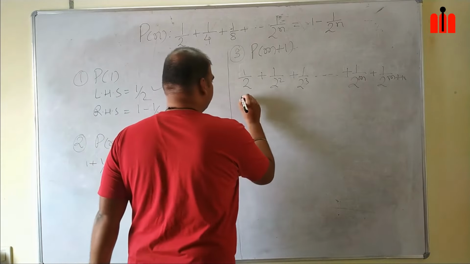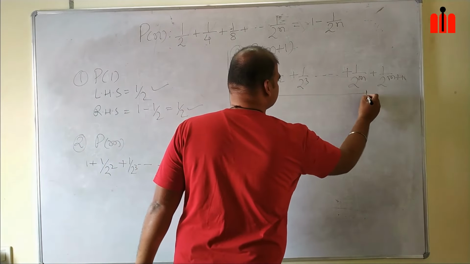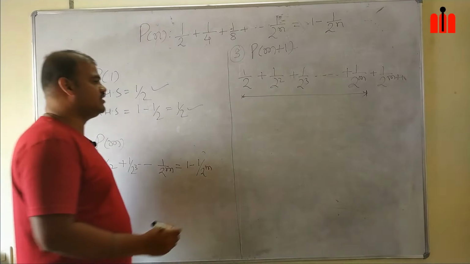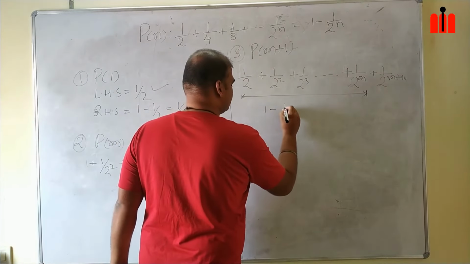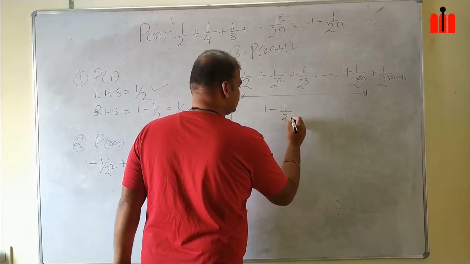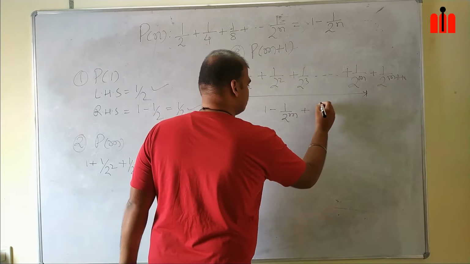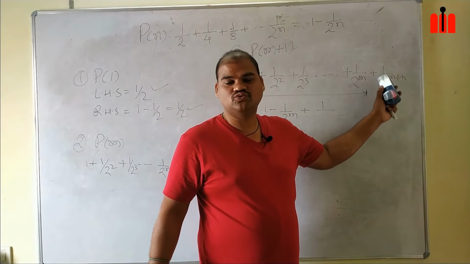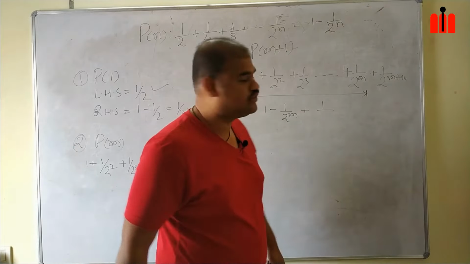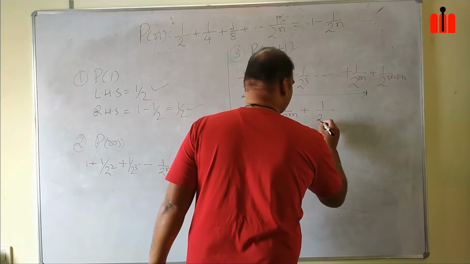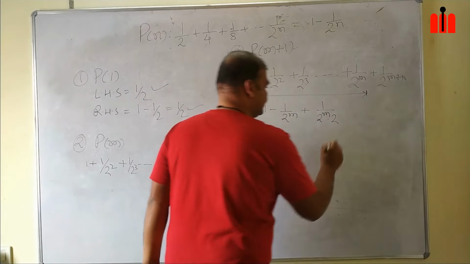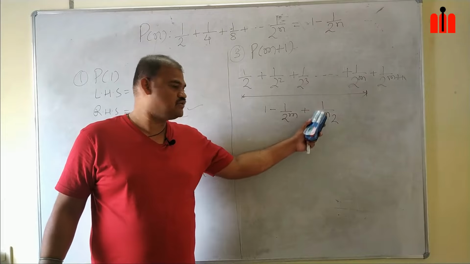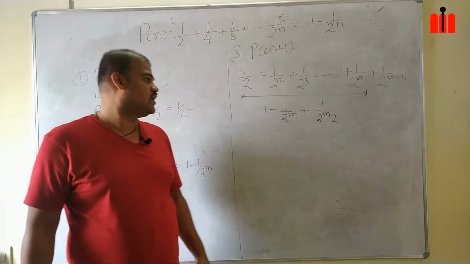These are my first m terms, and these m terms can be substituted from this concrete statement. So it will be 1 − 1/2^m + 1/2^(m+1). It can be written as 2^m into 2. So what I had done, 2^(m+1), I had written as 2^m into 2.